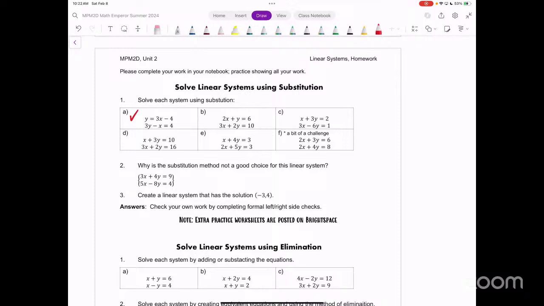Nishal, you're copying the wrong equation. Y is equal to 3x minus 4. Second equation, you say 3y plus 2y is 4. Where is that coming from? I have 3y minus x is 4, right? So I'm not quite sure how you copied that.